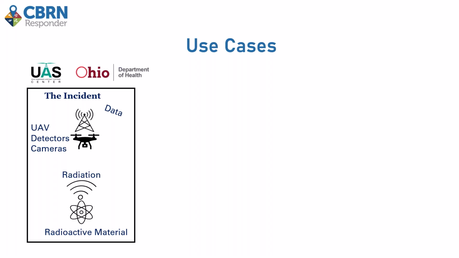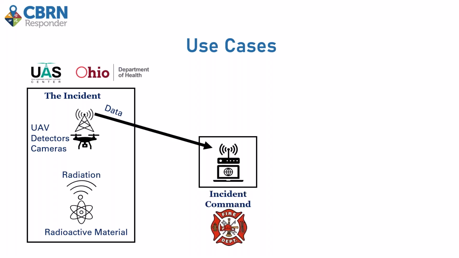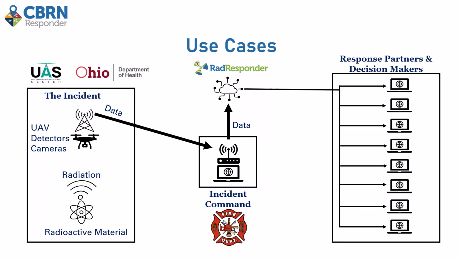It has detectors attached to it, cameras, and then as it's collecting that data, it's then telemetered through the attached detector to where incident command is, and that is that drone rad application that was on the left, which is then talking and has been integrated with our RadResponder API. And through the API, it's then able to be displayed on the event map in RadResponder, and in the data tables for all of the different partners and decision makers that have access to that event.